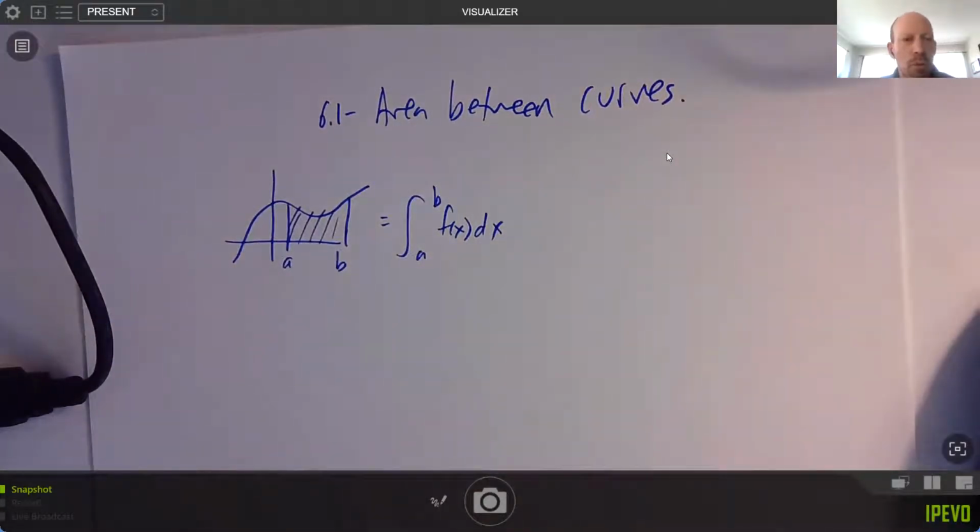What we're hoping to do in chapter 6 is to expand your idea of what the integral, this definite integral, really is. Right now, this is all we think of with the definite integral. It gives me the area under the curve, and that could be positive or negative.